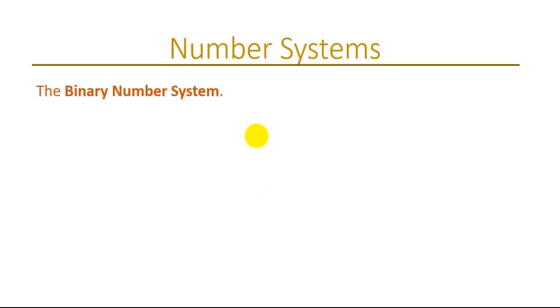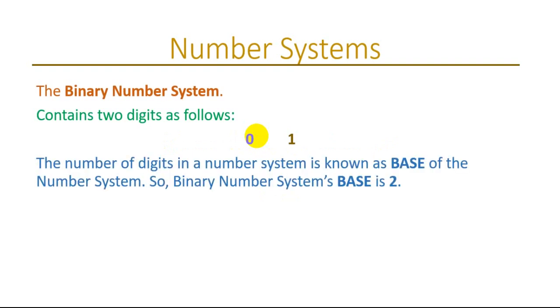The binary number system consists of two digits only. I think I mentioned several times that it is 0 and 1, only two digits. In the decimal number system also, we saw that the number of digits in a number system is known as the base. So the number of digits in the binary number system is 2, 0 and 1 only.